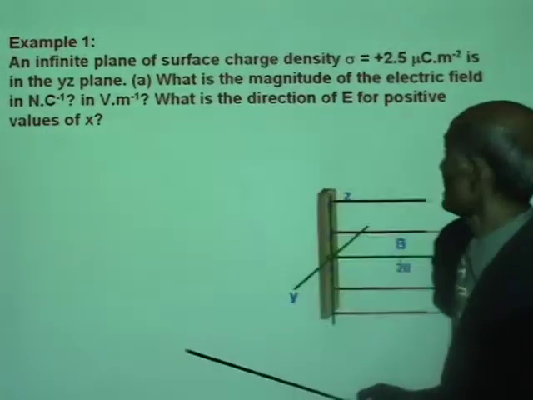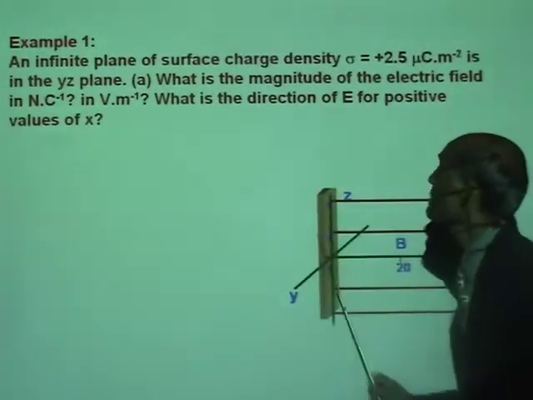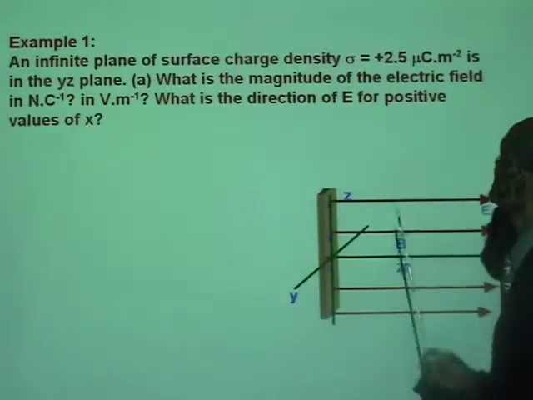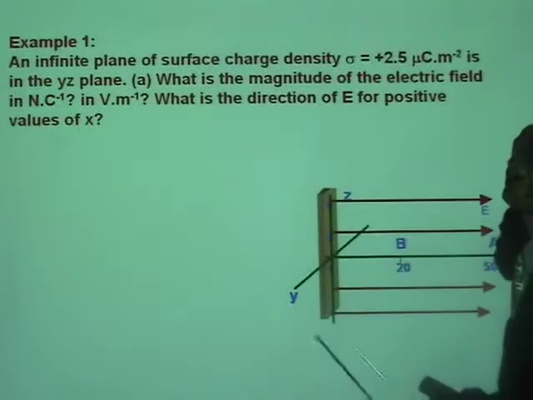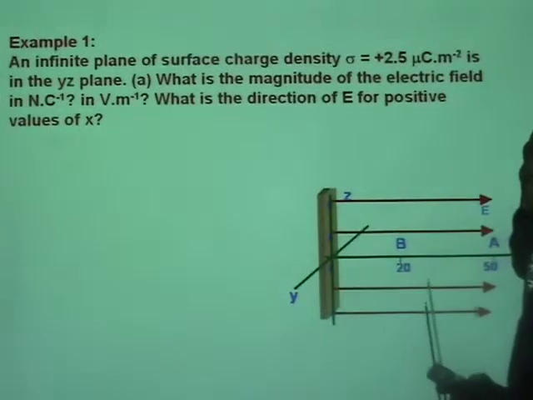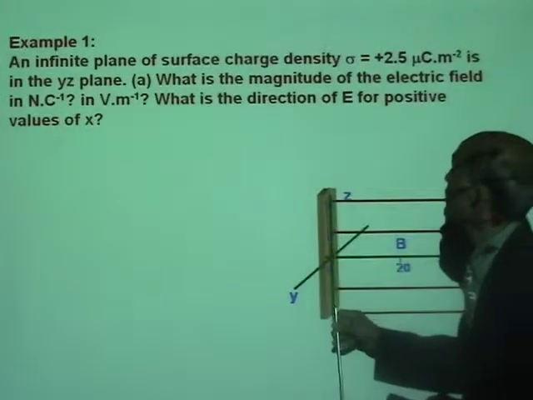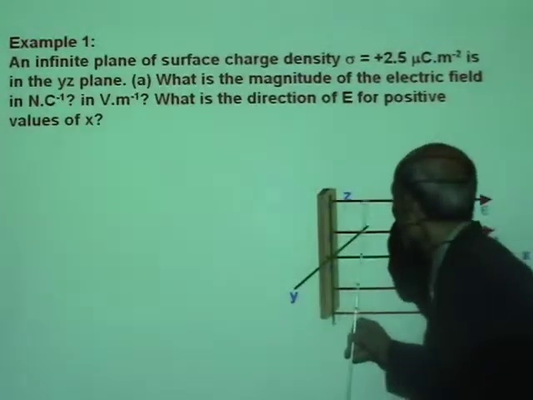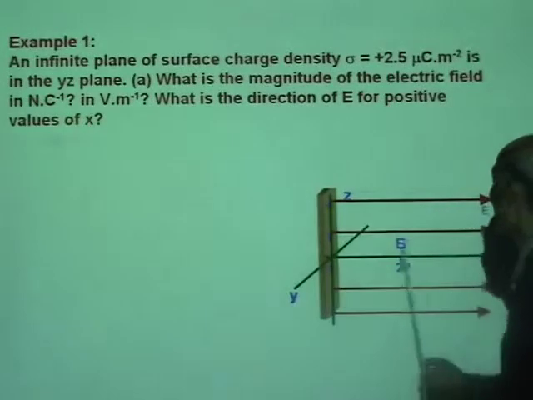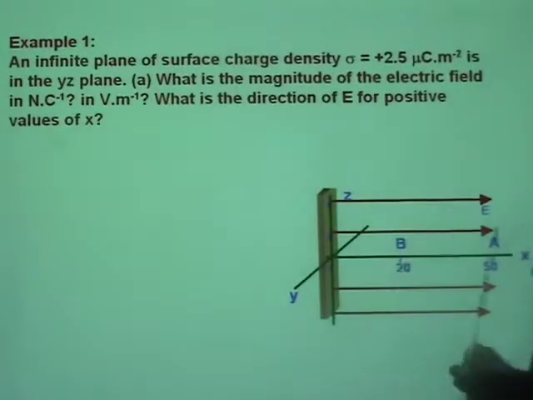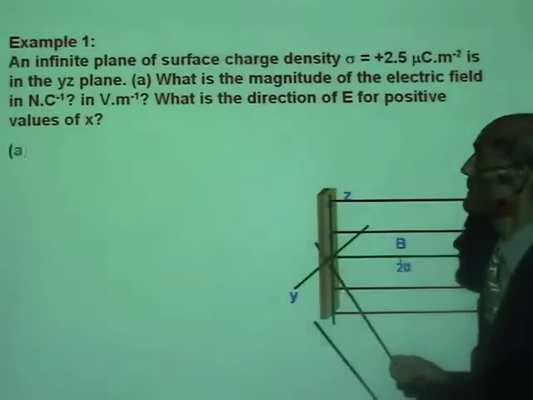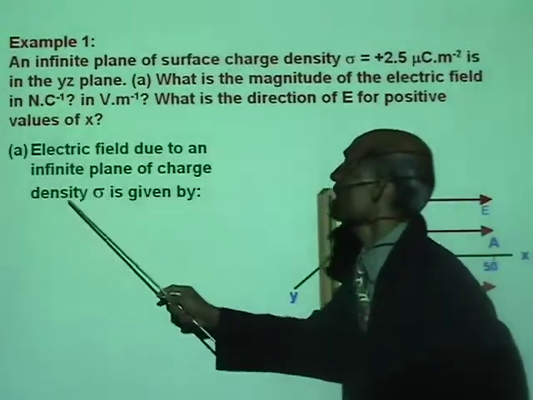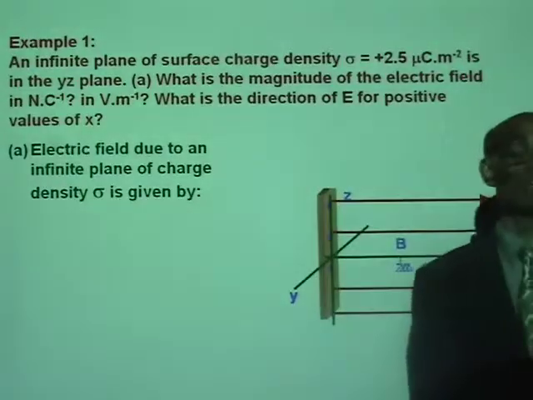Okay, you need to picture this problem. Here is the plane charge that has a charge density sigma equal to positive 2.5 microcoulomb per meter squared. If this is carrying a positive charge, the electric field will be directed towards the x-axis. Alright, the electric field due to an infinite plane charge of density sigma, we did this.